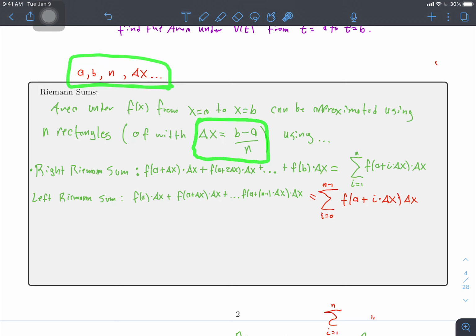If I take n rectangles to cover up an interval of length b minus a, then I just divide it equally between each of the rectangles. So each of the n rectangles has exactly this width, and when I add up all of their widths, I get the entire interval. Any questions so far? We're going to see lots of examples.